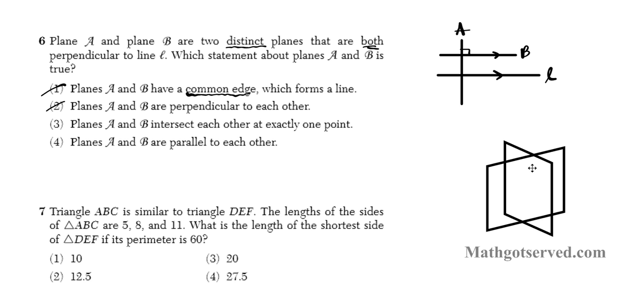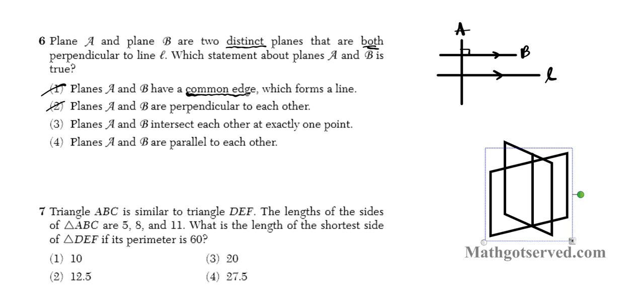What you have here is two planes intersecting, and you see how they intersect, right? They intersect at a line. So it doesn't make sense for planes to intersect at a point. When planes intersect, they intersect at a line, but when lines intersect, they intersect at a point.